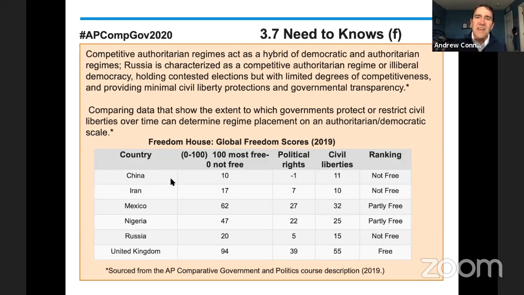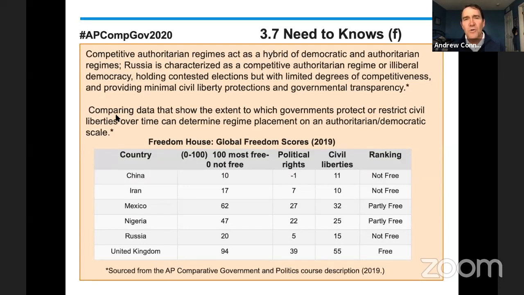But then we also have this note of civil liberty protections and governmental transparency. We have this note that I was mentioning earlier of comparing data to show the extent to which governments protect or restrict civil liberties over time.